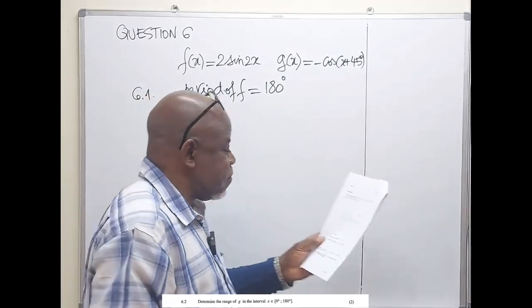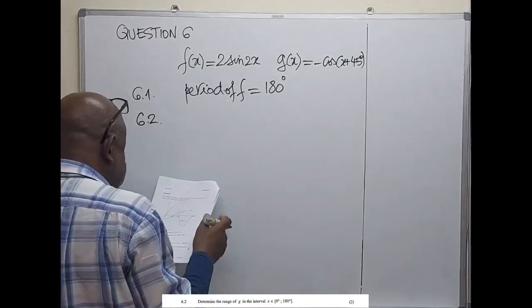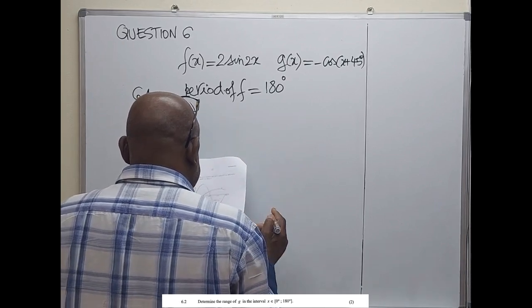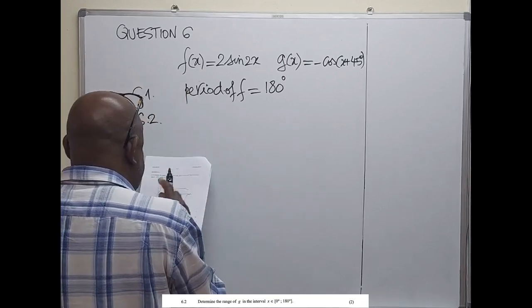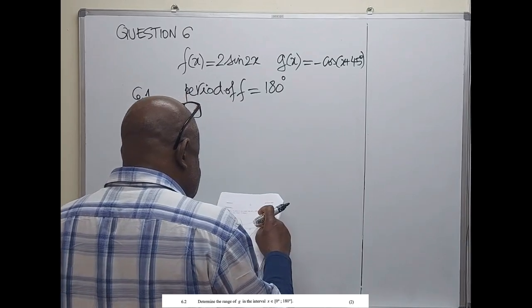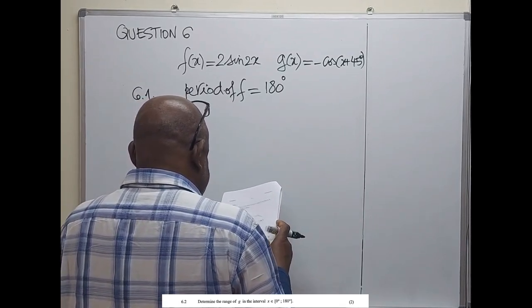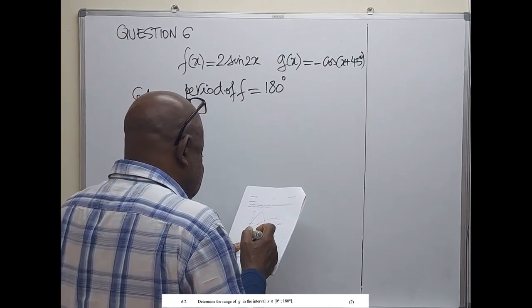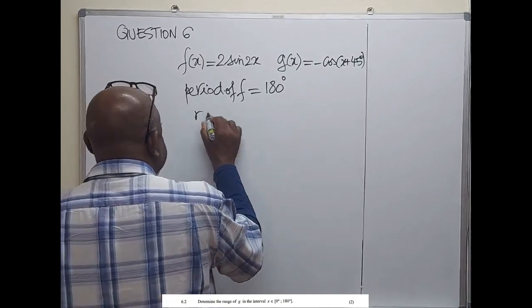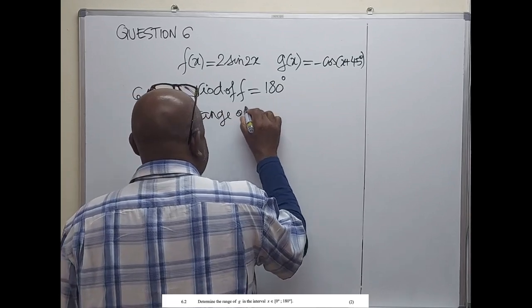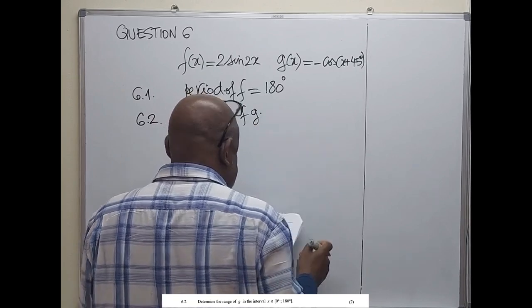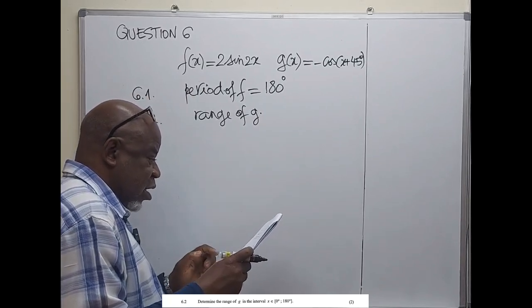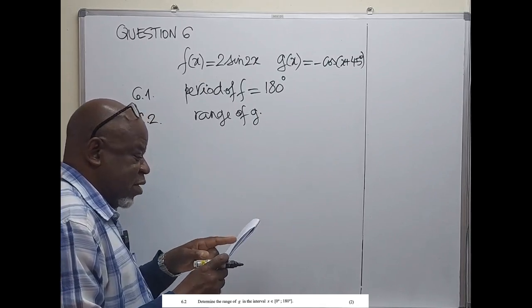The second question is 6.2. Determine the range of g in the interval where x is a member of the interval from 0 to 180 degrees on the graph. The range of g: g of x is equal to negative cosine of (x plus 45 degrees).